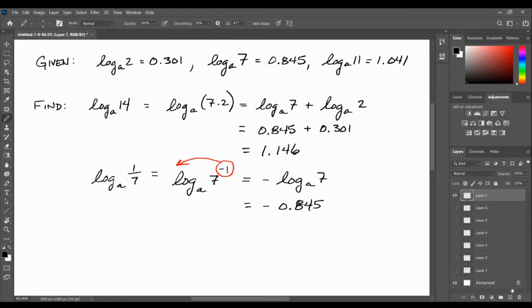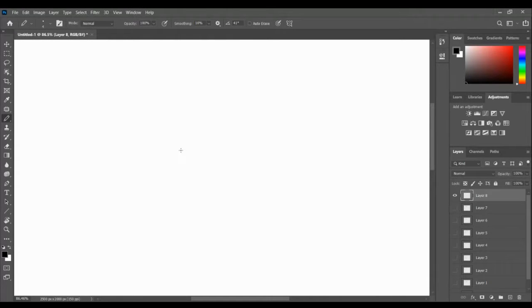Let me do a few more that are similar. So we've got some givens. Log base b of 2, and notice we didn't always use everything they gave us. We only used the ones that apply.